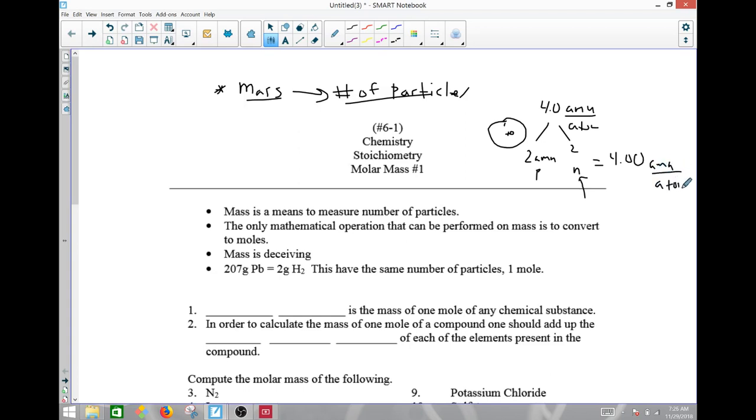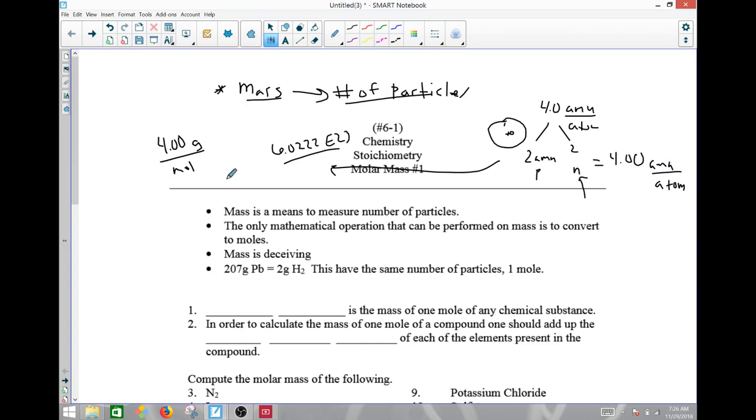Now that's a mass per particle ratio. Avogadro's number, which is 6.022 e to the 23rd, was picked with an absolutely remarkable intuition, so that this 4.0 AMUs per atom also equals 4.00 grams per mole.